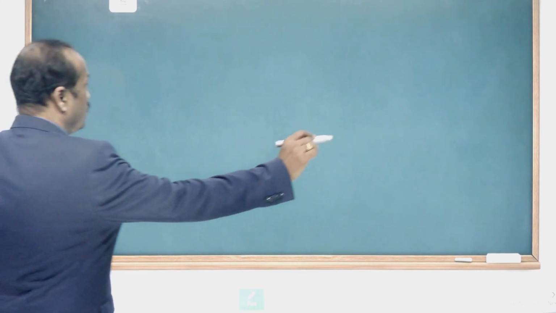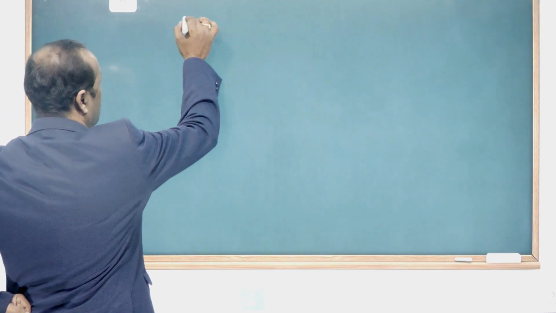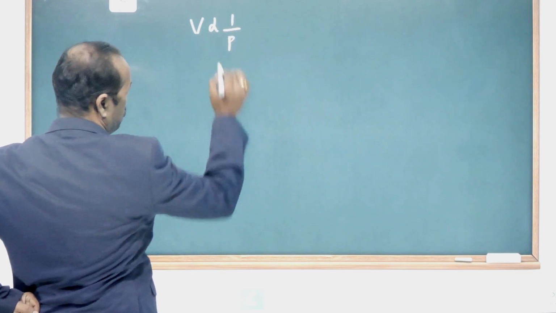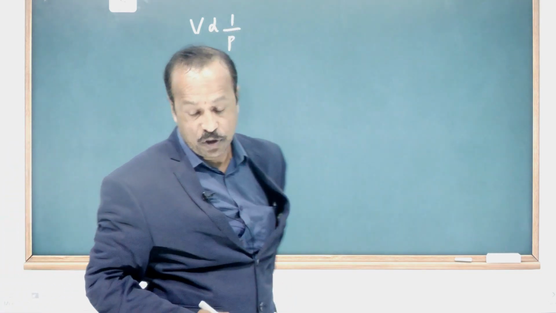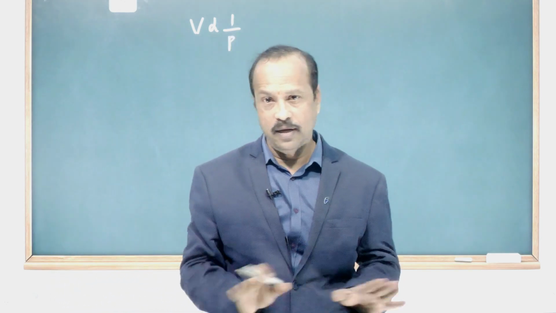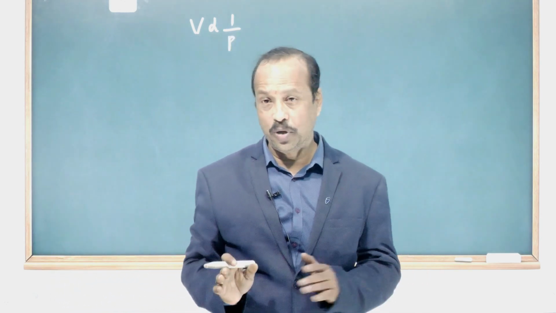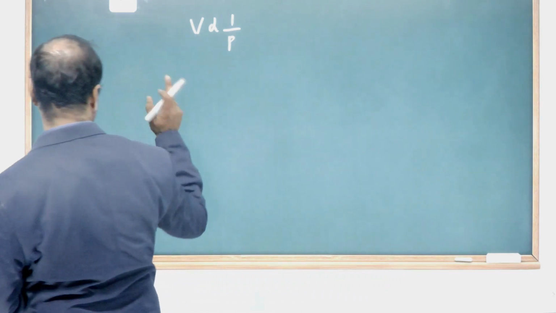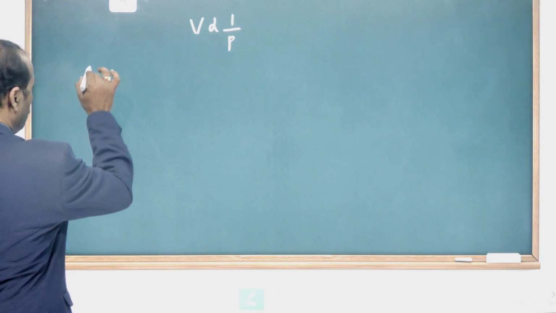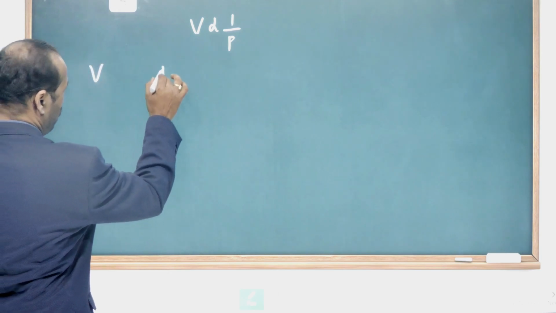Also students, now see here, Boyle's law says V is inversely proportional to pressure. So V is inversely proportional to pressure means what? If the volume increases, pressure will decrease. Is this clear? Okay. If one quantity increases, the other quantity will decrease. For example, you take some V values and P values.